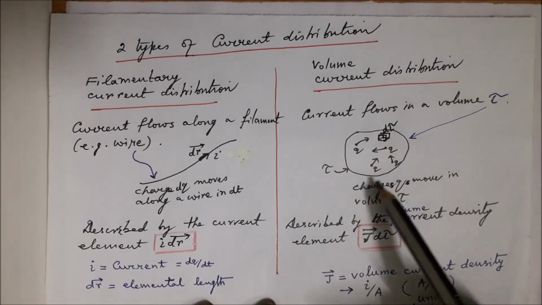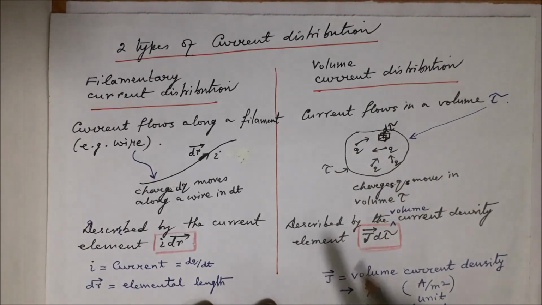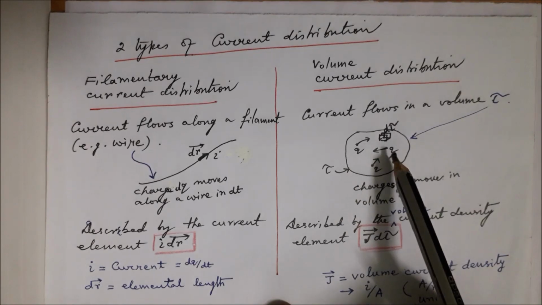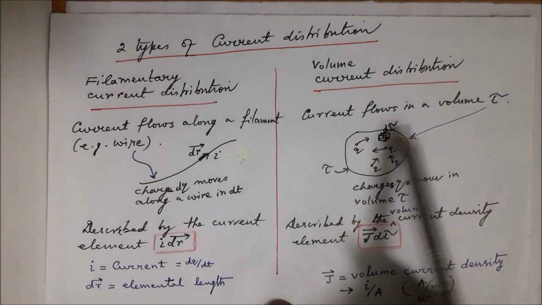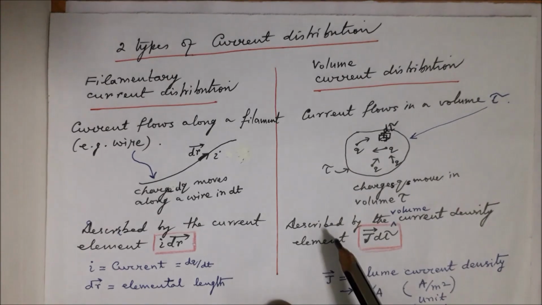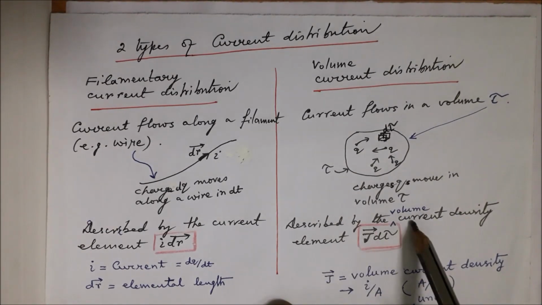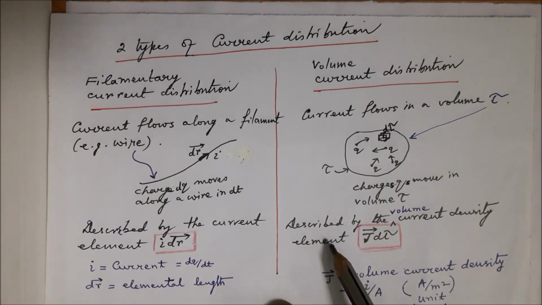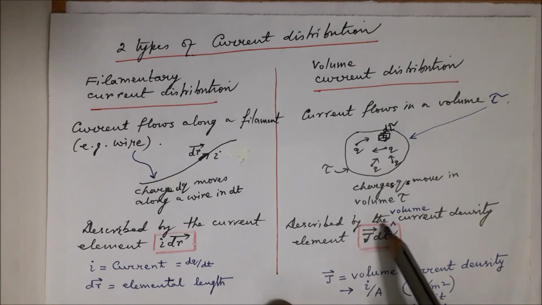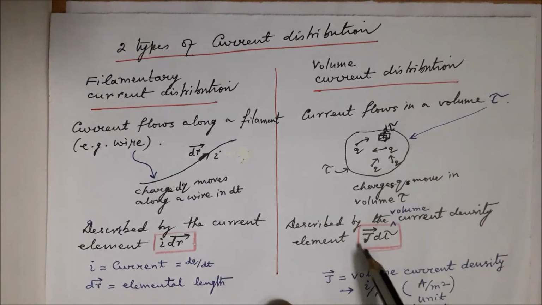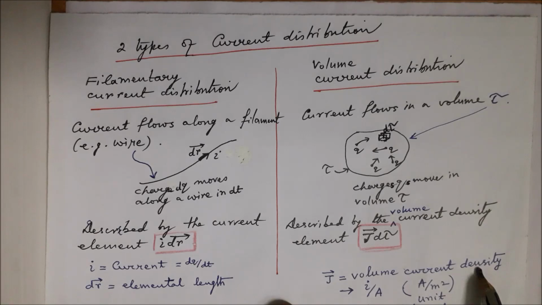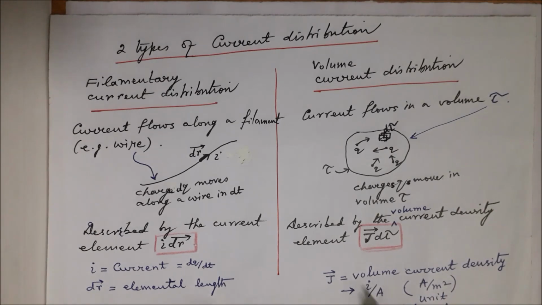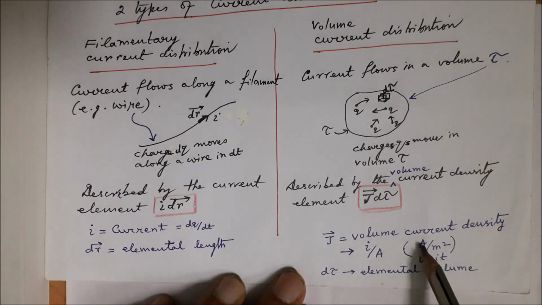So the volume contains a current due to movement of charges, and this current distribution in a volume is described by the volume current density element, which is defined as the product of vector j and an elemental volume d tau, where vector j represents volume current density, which is actually current per unit area, and its unit is ampere per meter square.